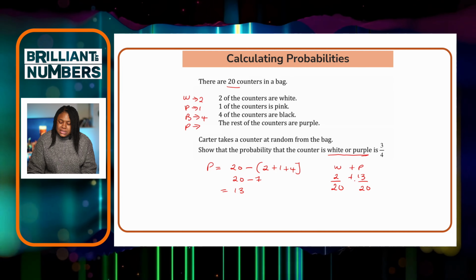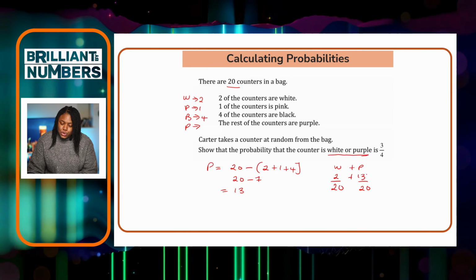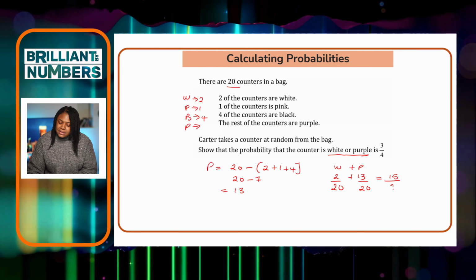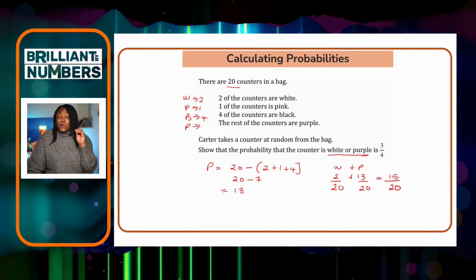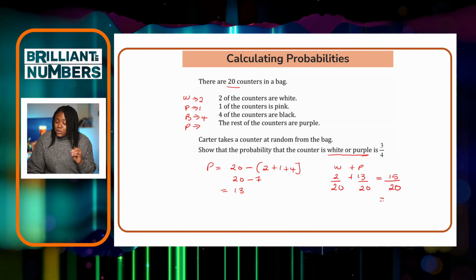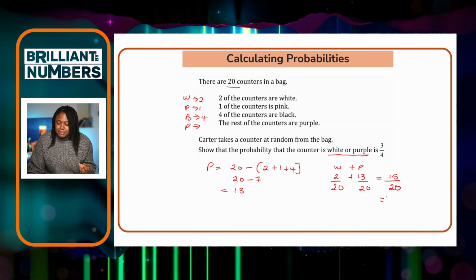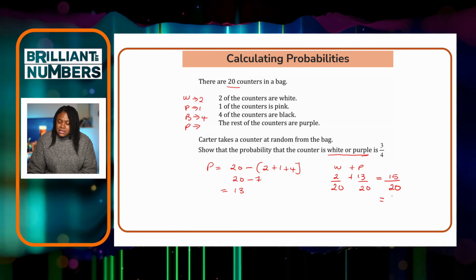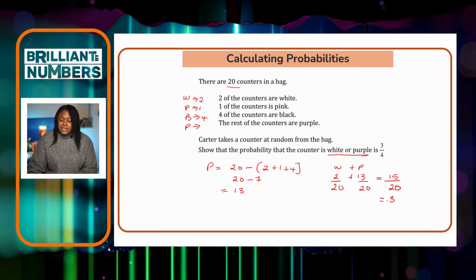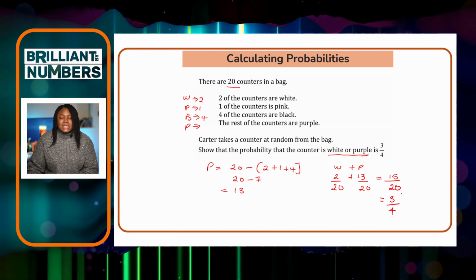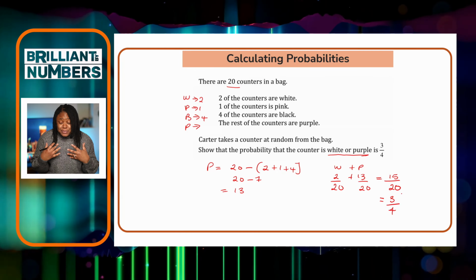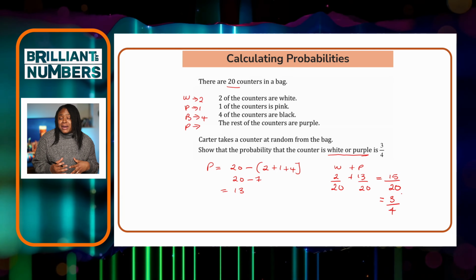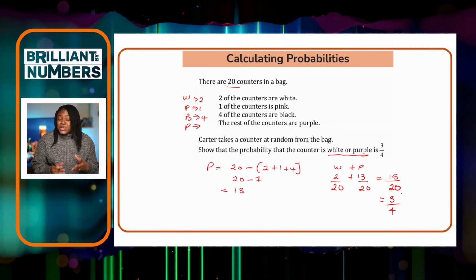Now we're going to add these together. 2 plus 13 is 15, and we could do that because of the common denominator. Now we've got 15 20ths, so this is a question that relies on simplifying our fractions. So 5 goes into 15 3 times, and 5 into 20 goes 4 times. So there we have proven that the probability of the counter being white or purple is indeed 3/4.